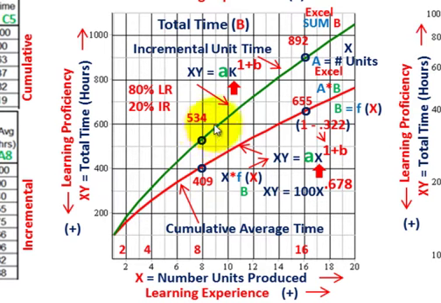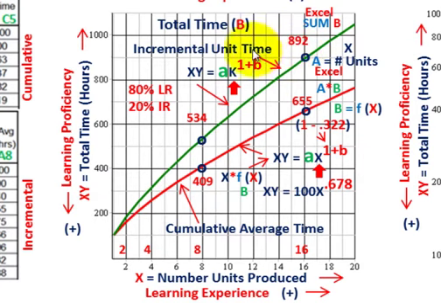So you can see there's a substantial difference, just as it was for our average unit time. So our total unit time on the incremental model is obviously going to be greater than our cumulative average model. And if you get up to 16 units produced, you can see for our cumulative average 655 hours versus 892 for the incremental unit time. So you can see quite a difference between the two.